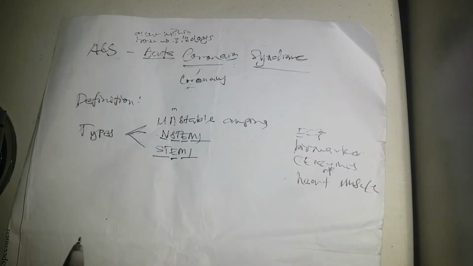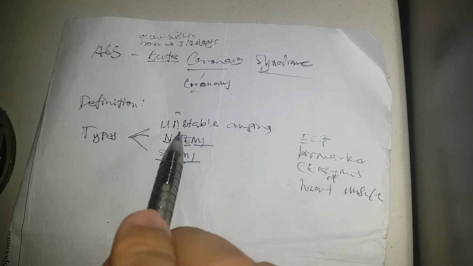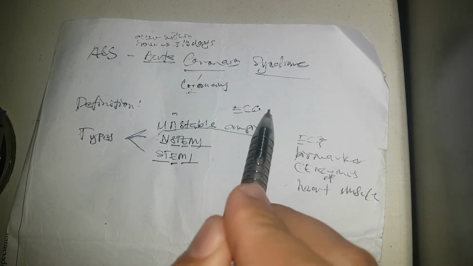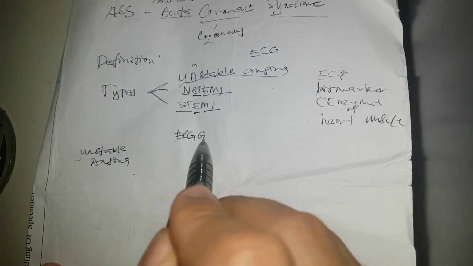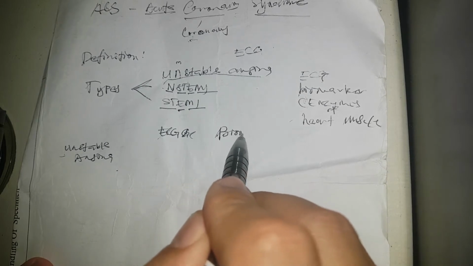Okay, and then unstable angina, the ECG and biomarker are normal.